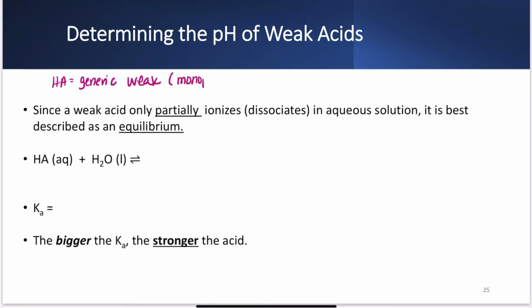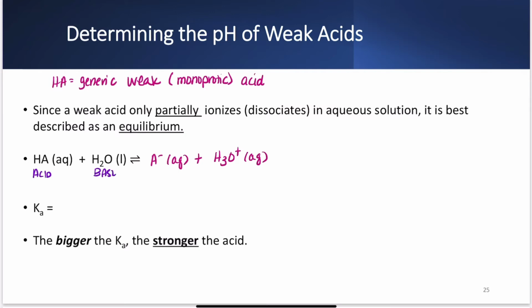Specifically a monoprotic. You can use this to represent any monoprotic acid. Monoprotic means it has one proton it can lose. And this will form A minus plus H3O plus. This is your acid.